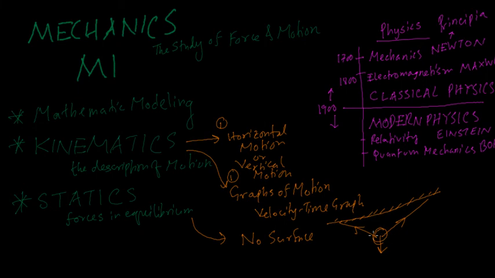So we want to find some unknown force when we have an object that is not touching any surface. And it can either be this, or it can be a question with a surface.